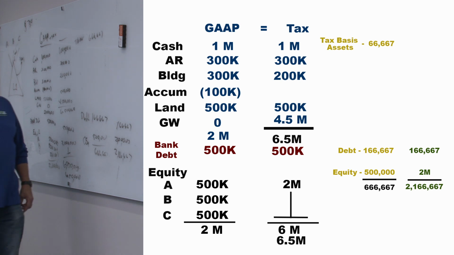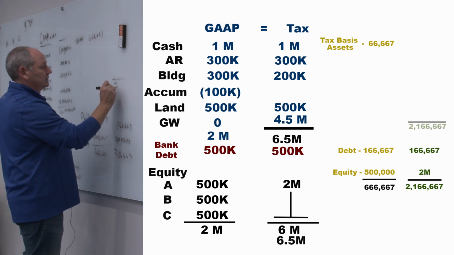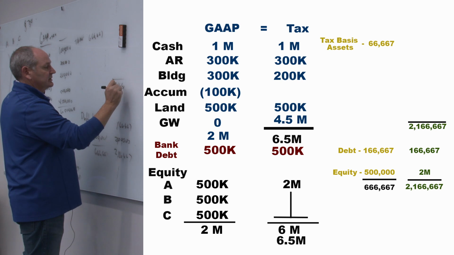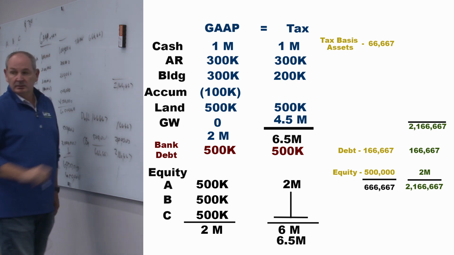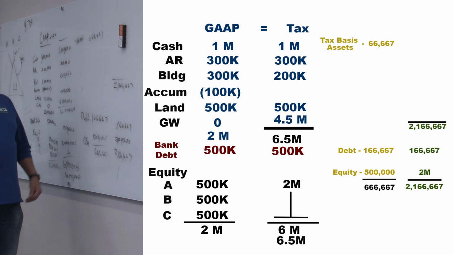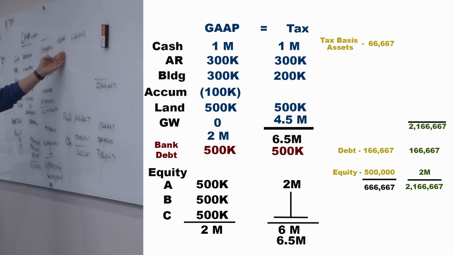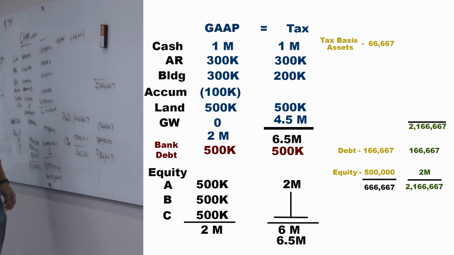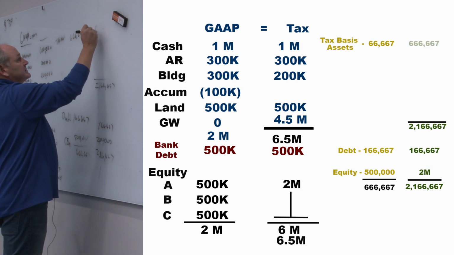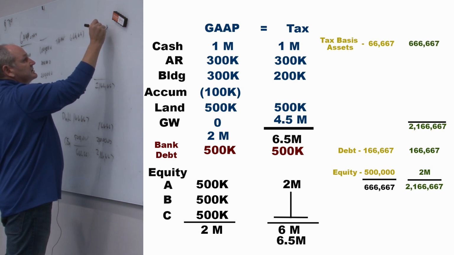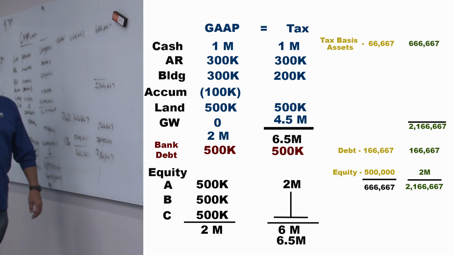So now we can populate 2,166,667. We know tax basis and GAAP or fair value are the same, correct? 666,667. What's my plug? Goodwill. And how much? 1.5.